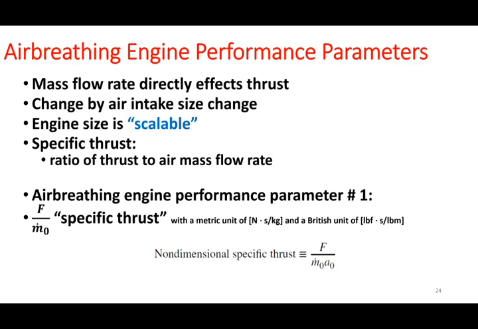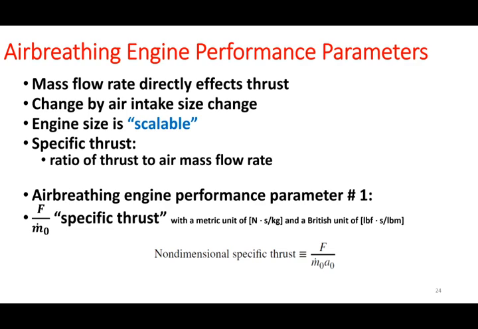So a better design performance parameter, if you will, that will enable a better comparison between two different designs is the specific thrust, which is the ratio of thrust to air mass flow rate, right? So this is going to be the air-breathing engine performance parameter number 1, which is your F, your thrust normalized by the air intake mass flow rate.